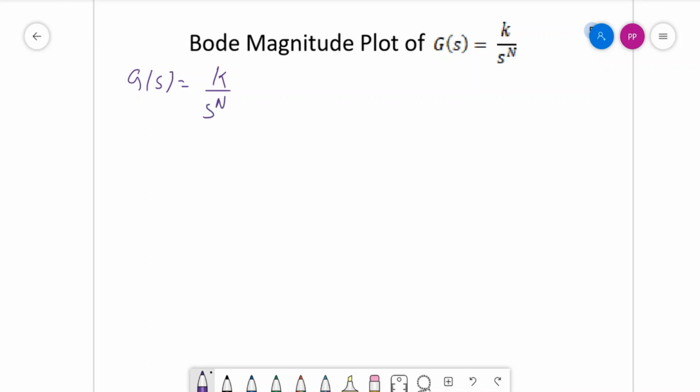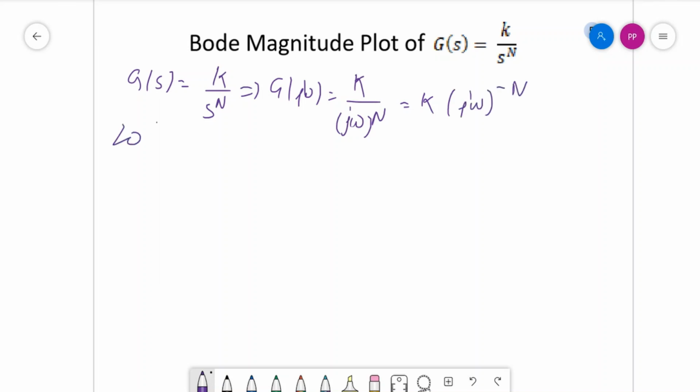This means G at j omega equals k divided by (j omega) power n. It means this is equal to k into (j omega) power minus n.